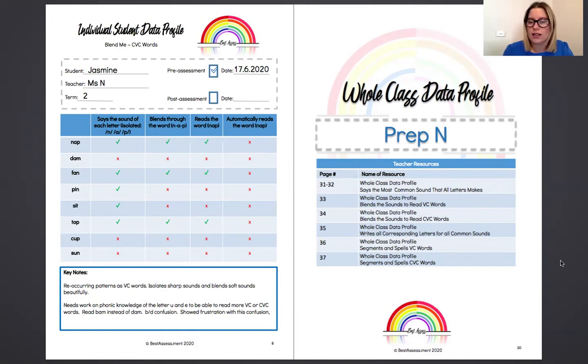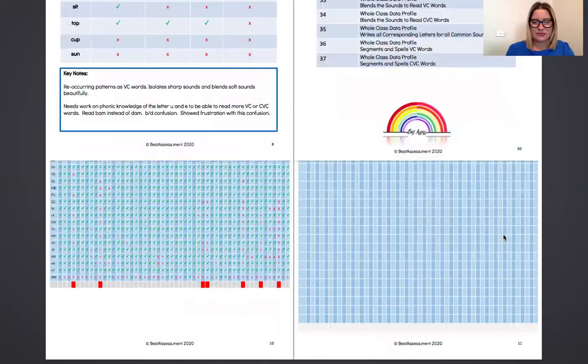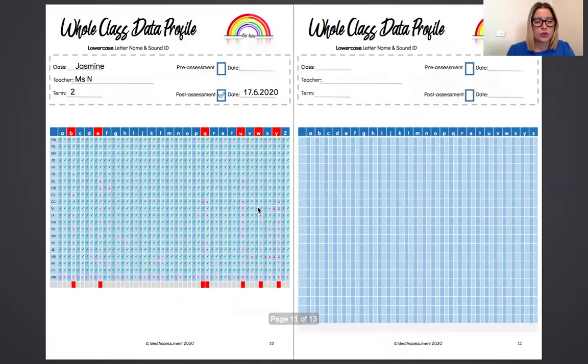Moving on to the whole class data profile, I've written the name of my class in there, and I really wanted to talk to you about these two data profiles. When all of the ticks are in, we can easily see what the children have got and what they need to work on.